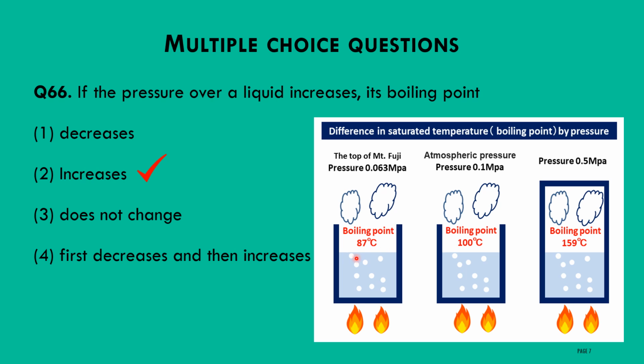To conclude, let us see these examples. Here, if the pressure is 0.063 megapascal, then the boiling point will be 87 degrees Celsius. In the first case, the pressure is less, therefore the boiling point is less compared to the other two.